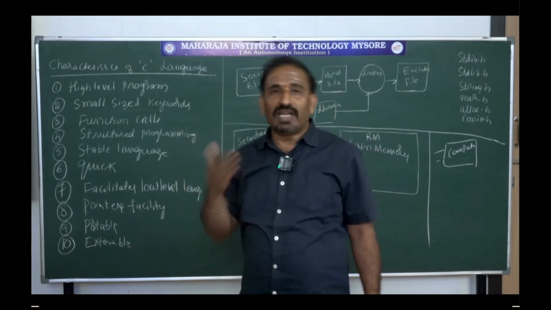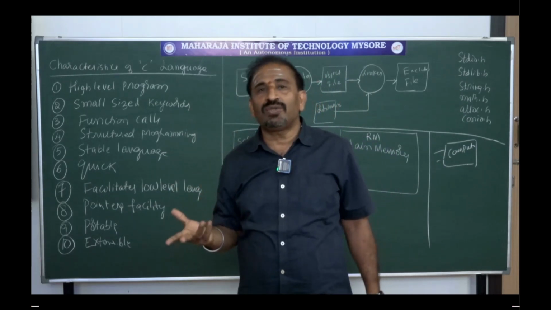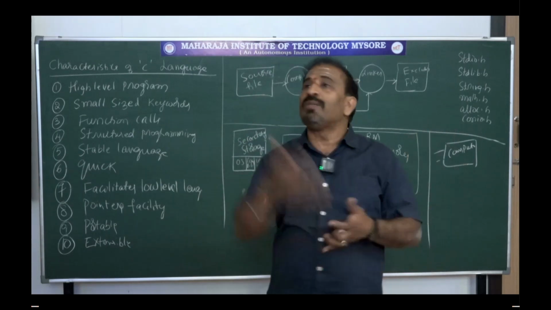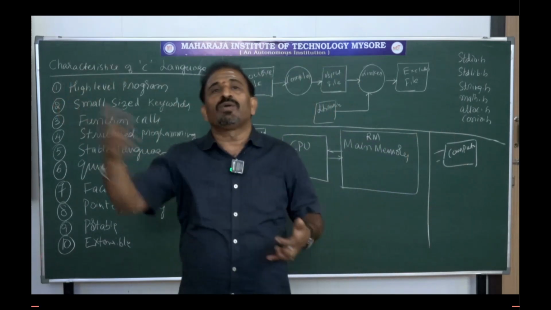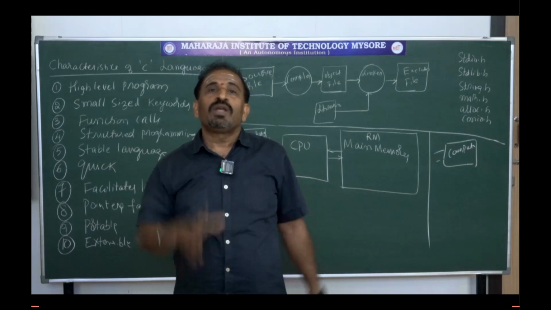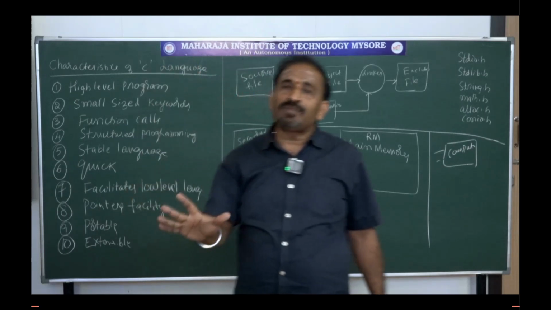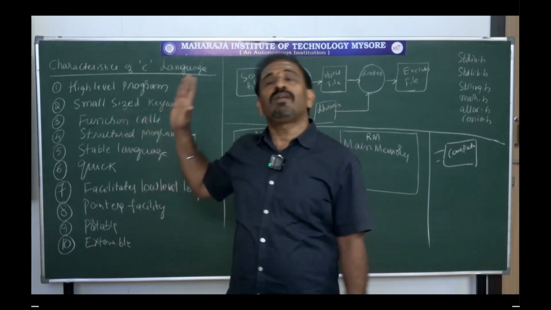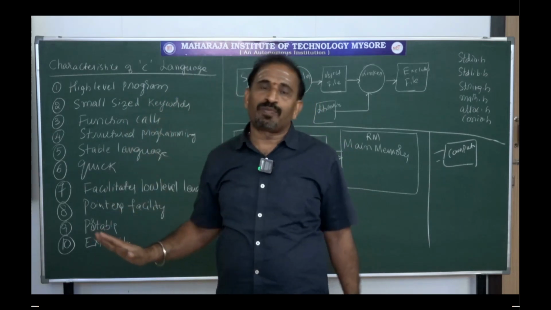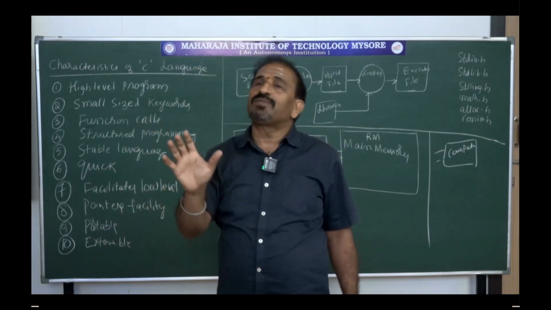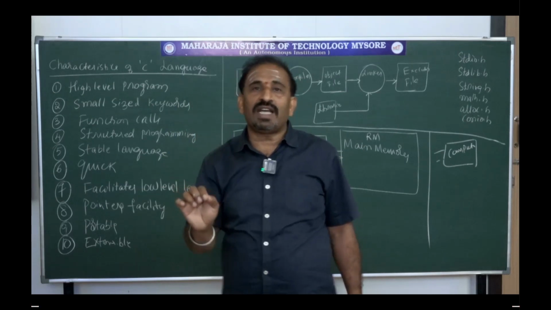Why are these English sentences used? These English sentences are used to communicate between you and another fellow. In a very similar way, there are certain syntax rules for high level programming languages also.